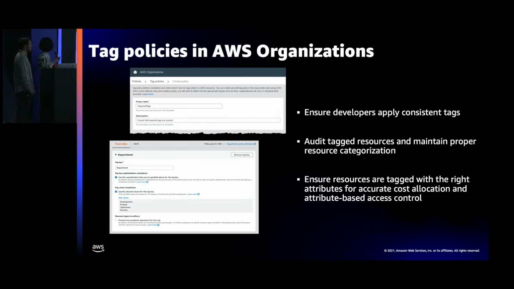For example, in the picture, the tag key is department. You can define how you want your values to be capitalized, and also define the allowed values for each of the tags. With AWS Organizations, this policy can be applied to all the member accounts within your organization.